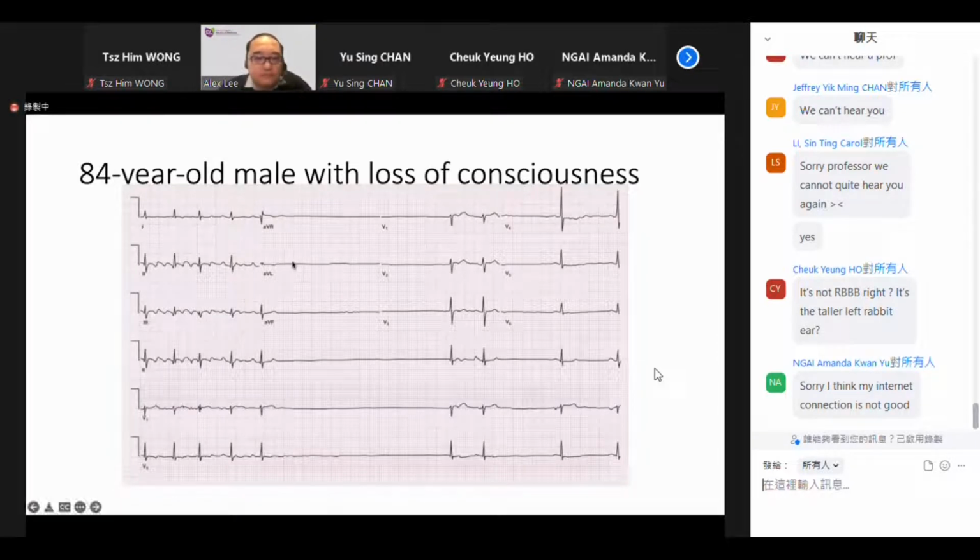Also V1 and V5. Actually, all the leads, right? So what is the rhythm during the absence of electrical conduction?